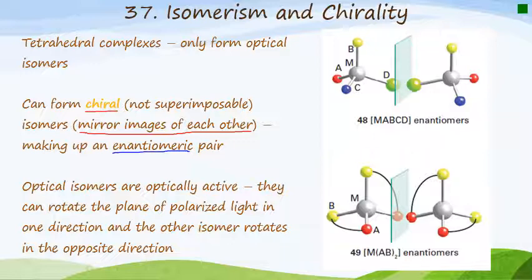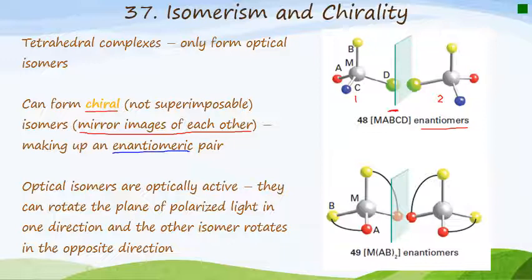And some examples that you see here, this sort of glass sheet in the center is the mirror, and you can see that this tetrahedral complex here, which I'll label 1, has a mirror image over here, which I will label 2, and those two cannot be superimposed. In other words, you can't lay one on top of the other and get them to fit exactly. That's what means they are enantiomers and they are chiral.